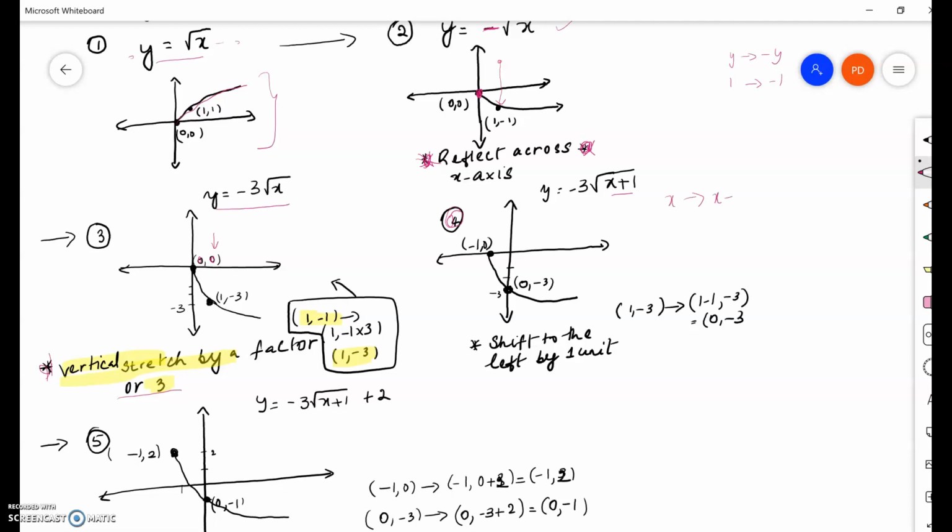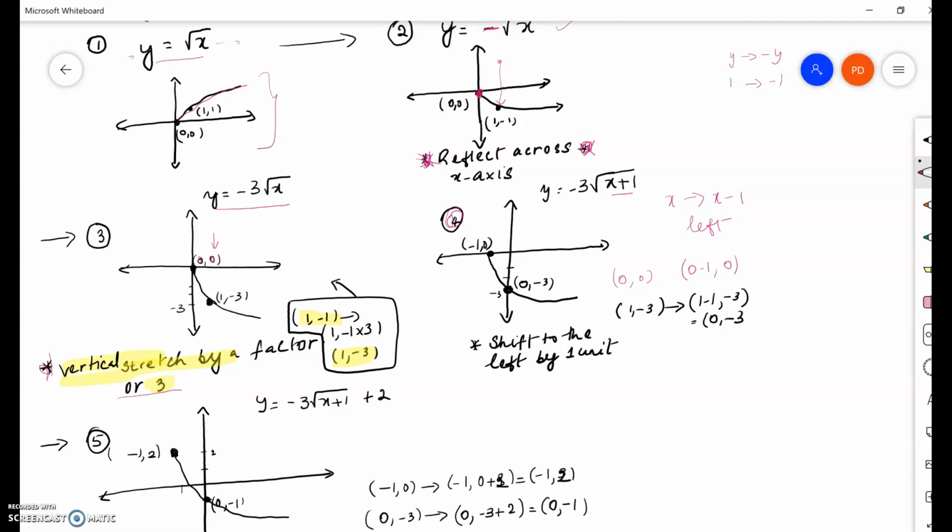Our next step, step number 4: since we're changing x to x plus 1, we shift the graph to the left by 1 unit. 0, 0 changes to, when we shift the graph to the left, we subtract 1 from the x coordinate. It becomes -1, 0.